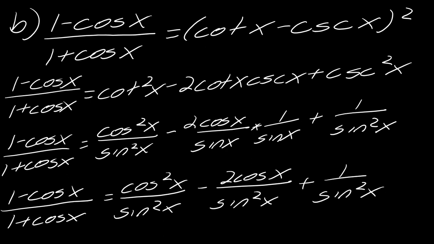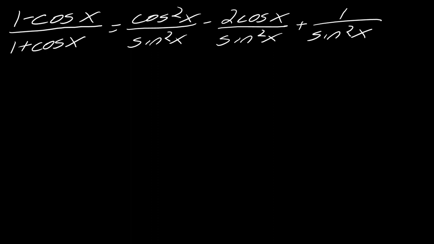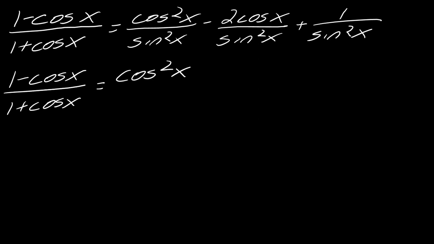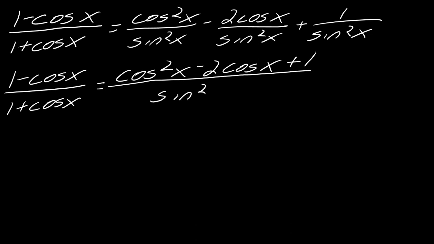So keeping with the spirit of getting through your basic algebraic operations, if you have a common denominator, then you probably just want to try to add everything together. So I need a little more space here. Okay, so now I'm going to just put everything over the same denominator. So I have cosine squared x minus 2 cosine x plus 1, all of this over sine squared x.